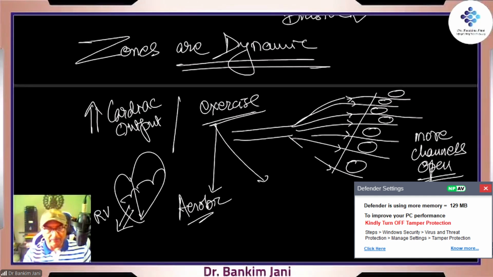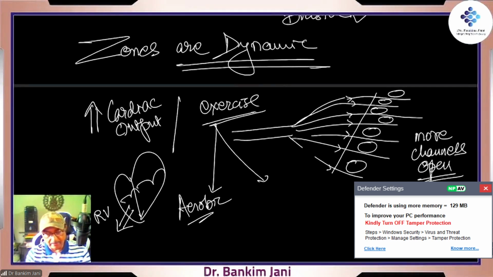So it's a win-win situation. More blood is coming, and the alveoli are loaded with air, so they take that oxygen, give out carbon dioxide, and things go well. This is that comfortable zone in which things are moving very fine. That's why, if you can sustain aerobic exercise, it will improve things.